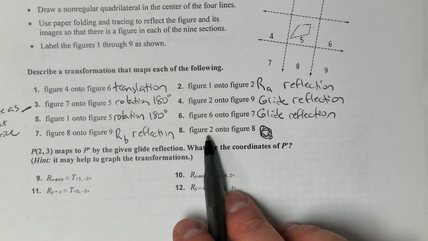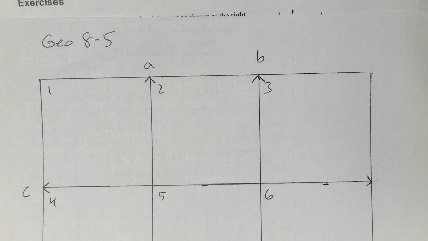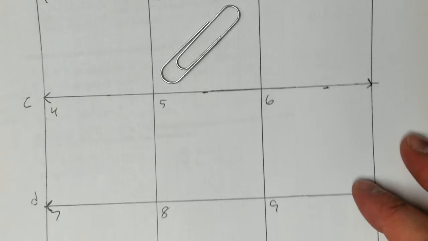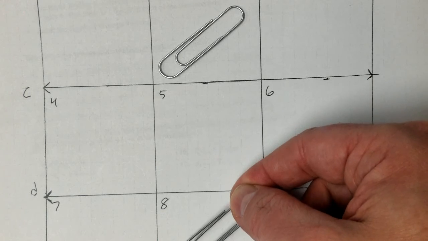And then finally we have 2 onto 8. Two, and then looks like if we just move that down, that's a translation.